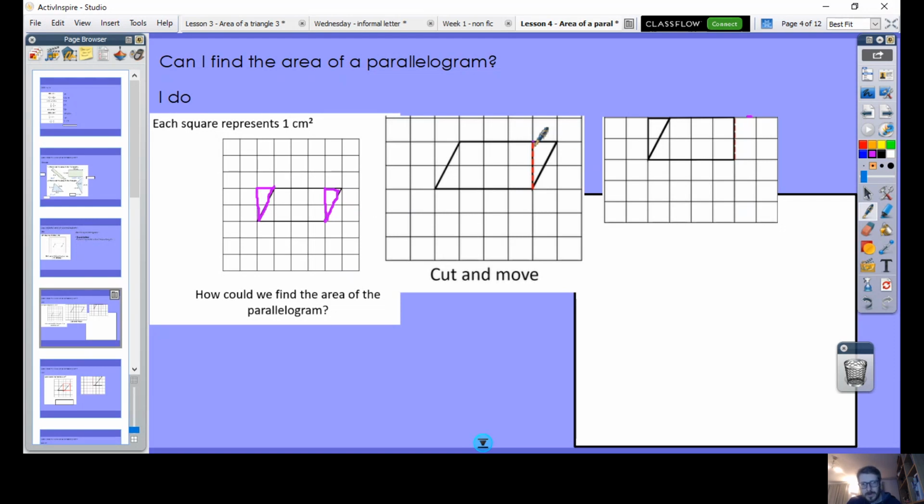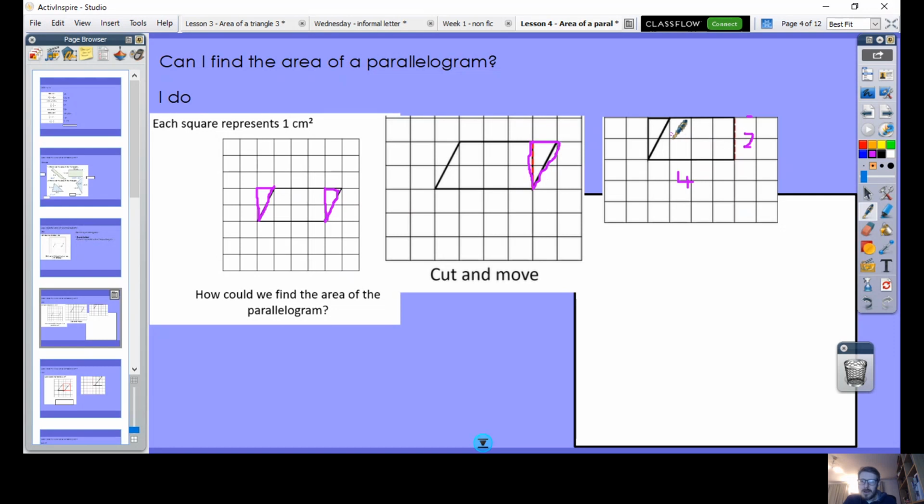So I can cut off this right angled triangle, move it over, and if you look at this picture over here, I've moved it over to this gap, which was here, and it fits in perfectly. And what I can do now is calculate the area as if it was a rectangle. So I can measure the width, so 1, 2, 3, 4, and multiply it by the height, which is 2.